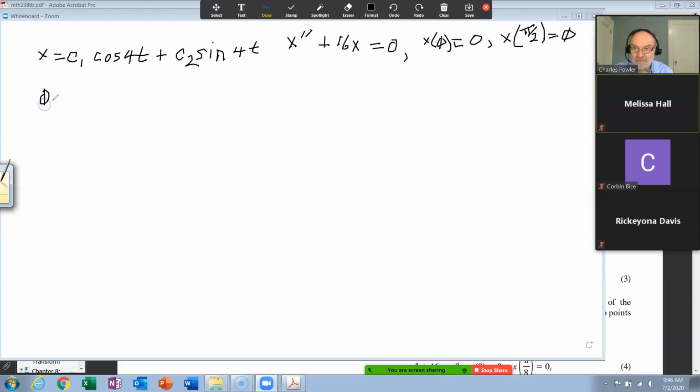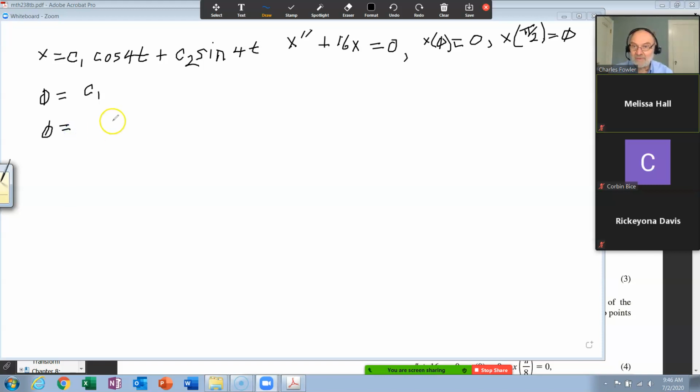So 0 is equal to, when t is equal to 0, cosine of 0 is 1. So that would be C1 plus, but sine of 0 is 0. So here we have our C1 being 0. Okay, fine. Let's do the second boundary condition, x of pi halves, and we know it's supposed to be 0.